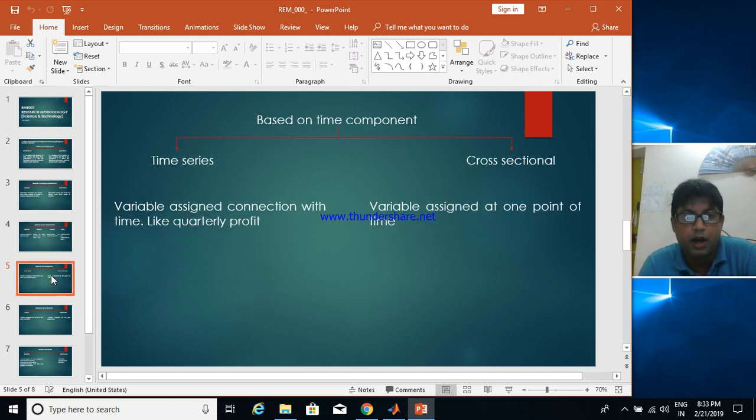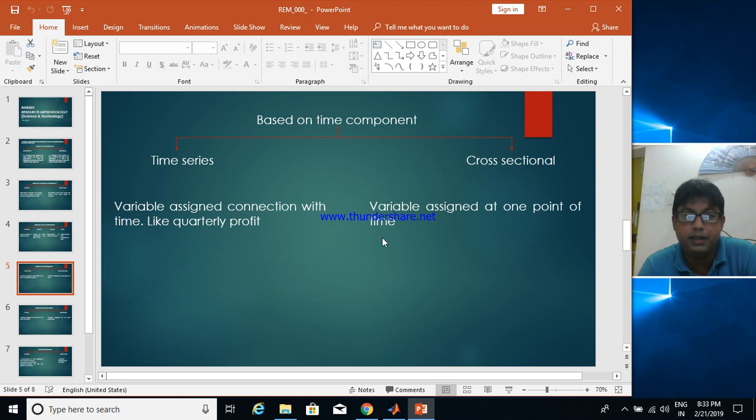Now based on the time component, one is time series, another is cross sectional. The time series is a variable with time, like the quarterly profit of an organization.